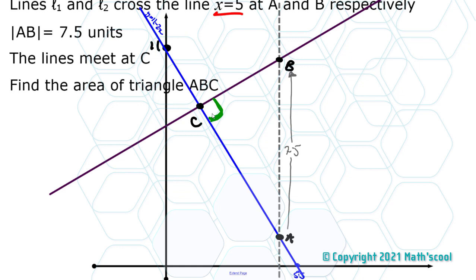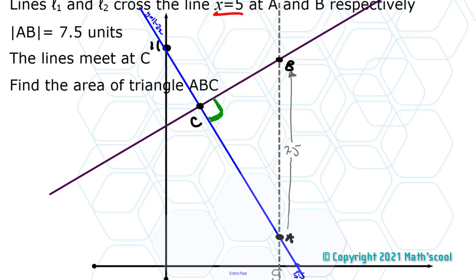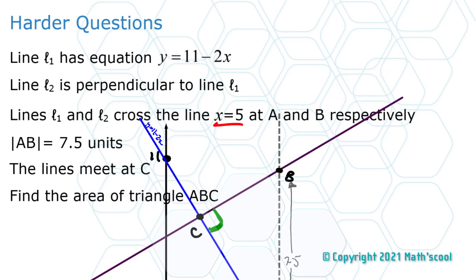I can easily work out A because it's basically where the x coordinate is 5 on the blue line. So I'm just going to put x is 5 into that equation there.